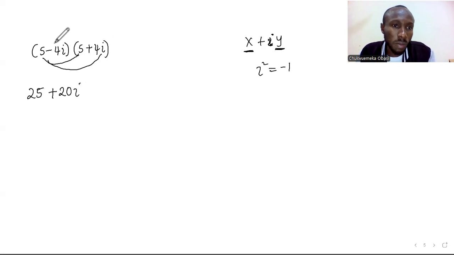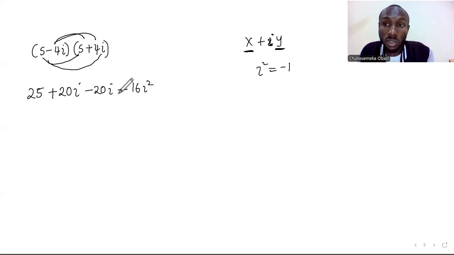Now let's go to minus 4i. Minus 4i times 5 gives minus 20i, and minus 4i times 4i gives minus 16i squared. Remember, 4 times 4 is 16, and i times i is i squared. Oh, I forgot the difference of two squares, but let's finish this one first. 20i minus 20i is 0.